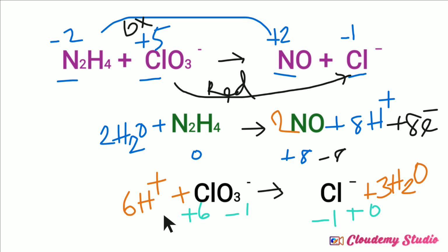If we add -6, the -6 and +6 will cancel. Then the charges on both sides will be equal at -1. So we need to add -6 to the left hand side, that is 6 electrons to the left hand side.